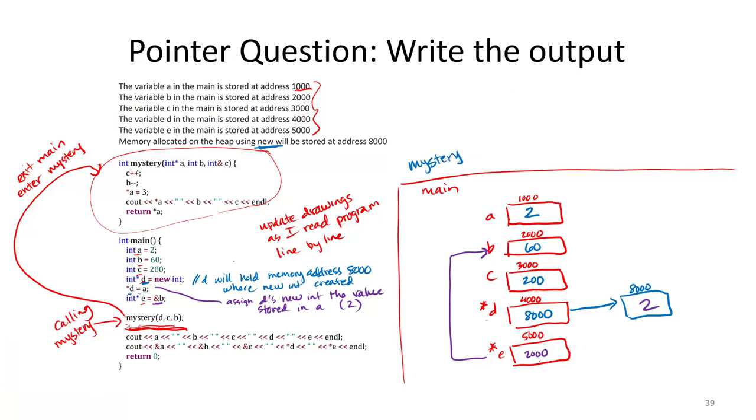So when we're inside the mystery function, it is going to have its own variables, a, b, and c. So notice the variables a, b, and c are local to mystery.